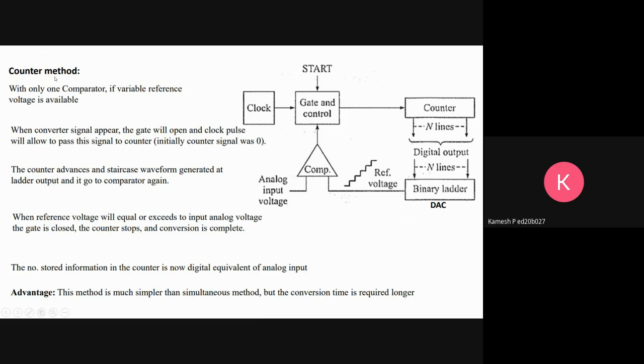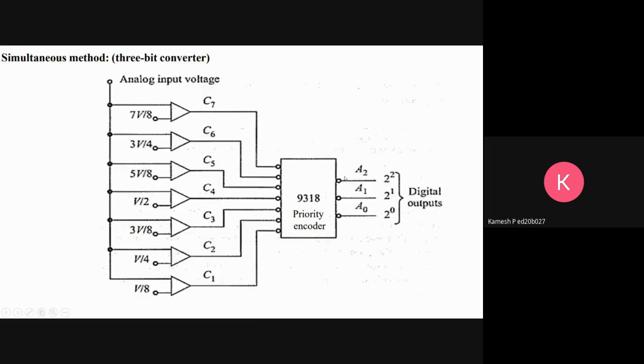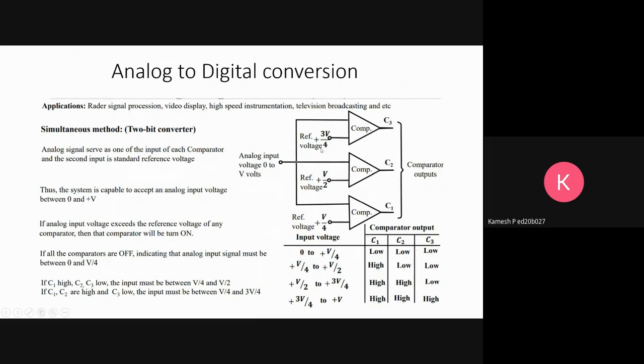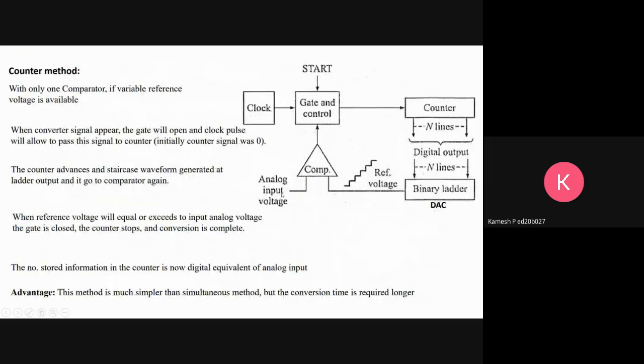And next is the counter method. With only one comparator, a variable reference voltage is available; the reference voltage keeps on changing instead of a single standard reference voltage, and only a single comparator is used.